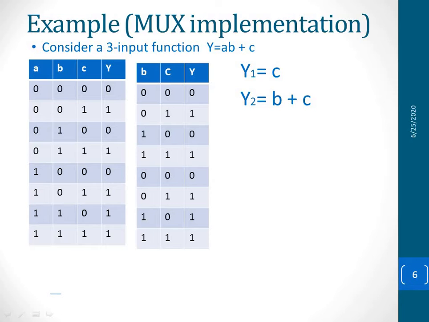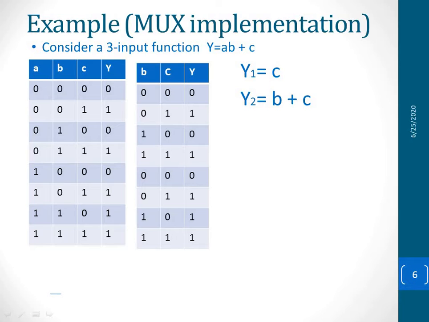A 3 input function is taken, y is ab plus c. Then my truth table will result as 0, 1, 0, 1, 0, 1, 0, 1, 1, 1. For all the 3 input combinations of ABC, my output y comes out as this y column.